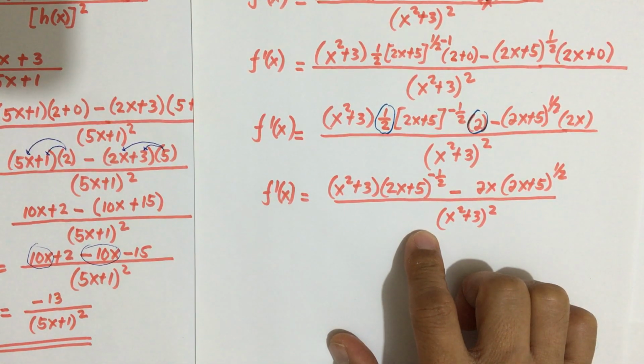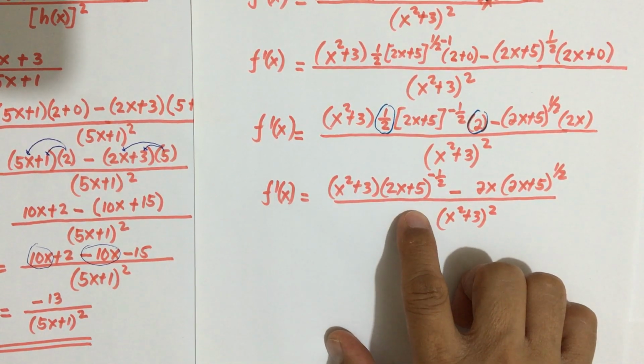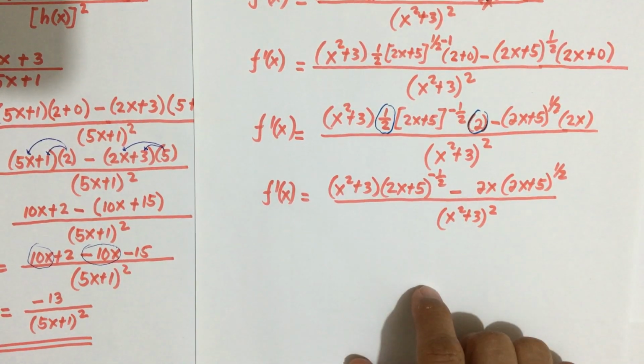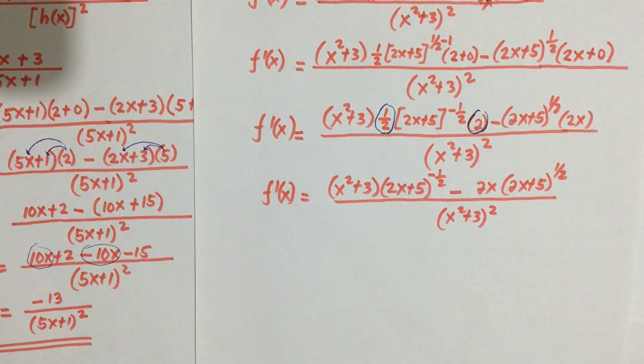Okay, but if you have any question, if you really want to see the simplified form of this answer, then you may send me your message. I'll show you the solution on how to do it. Okay, so I think that's all for this part. Our differentiation rules, specifically our quotient rule.